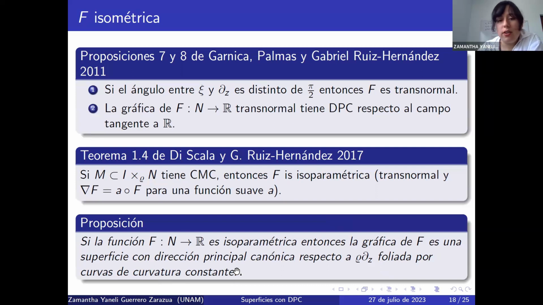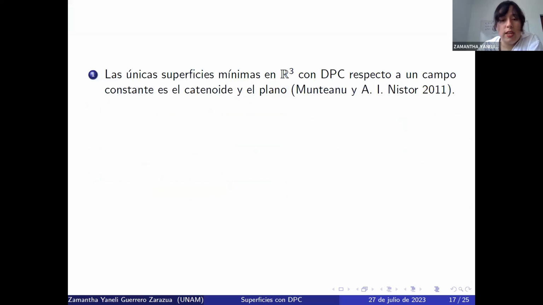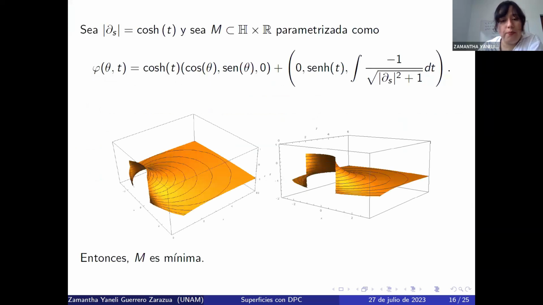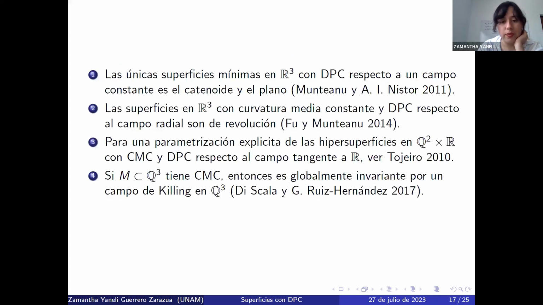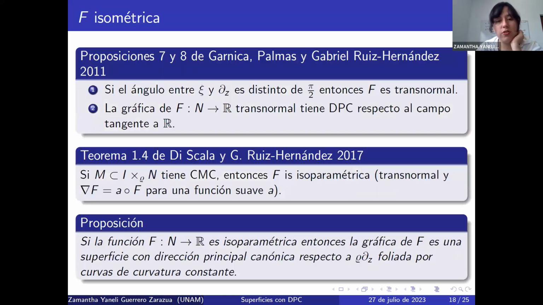So in fact, it satisfies all of these results. Okay, so canonical principal direction surfaces and isoperimetric surfaces are very closely related. What else can we say?